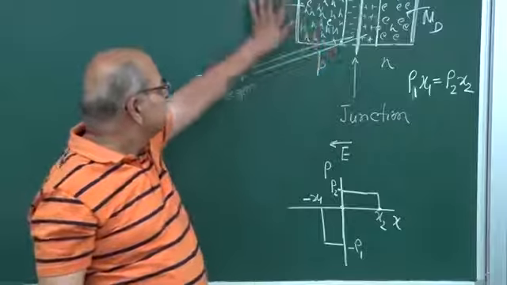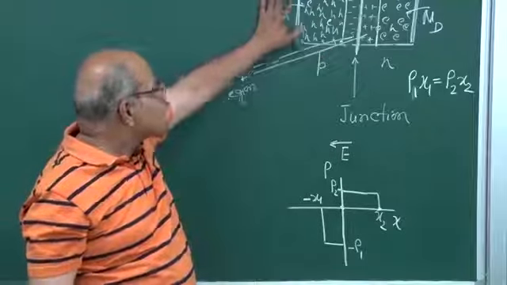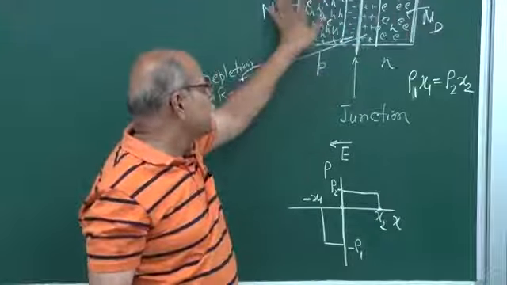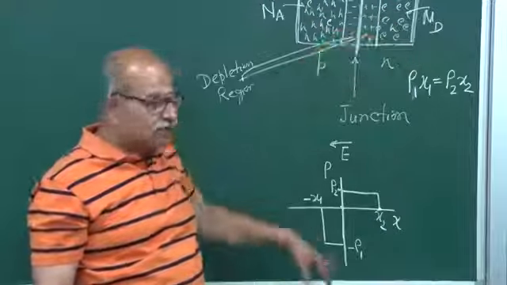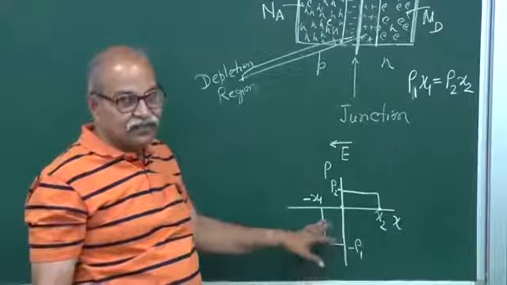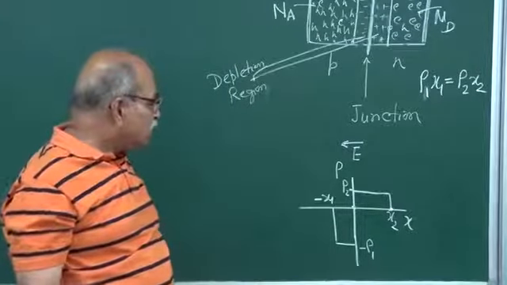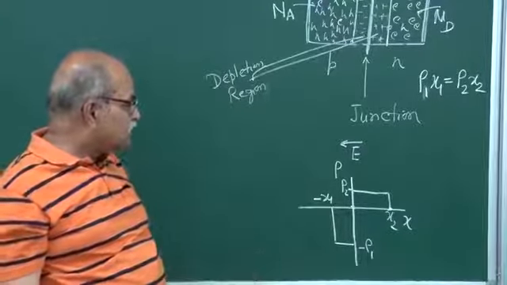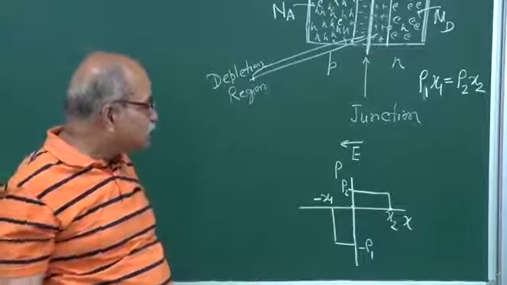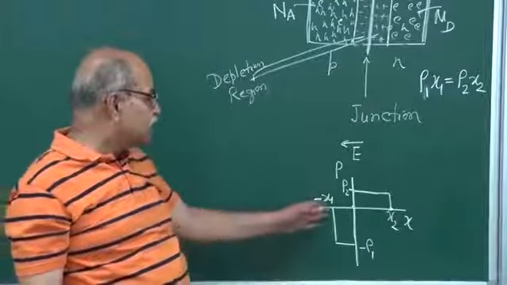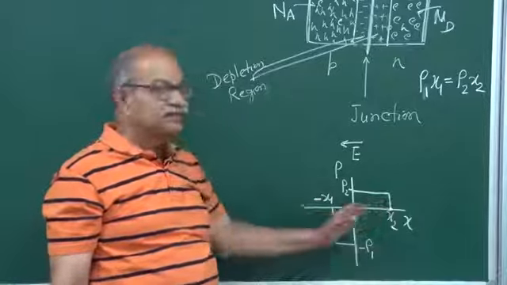If this dopant density is uniform in A and in D, it should result in this kind of charge distribution. So let me now calculate, if this is the charge distribution, what will be the electric field distribution? How electric field will vary as a function of x.